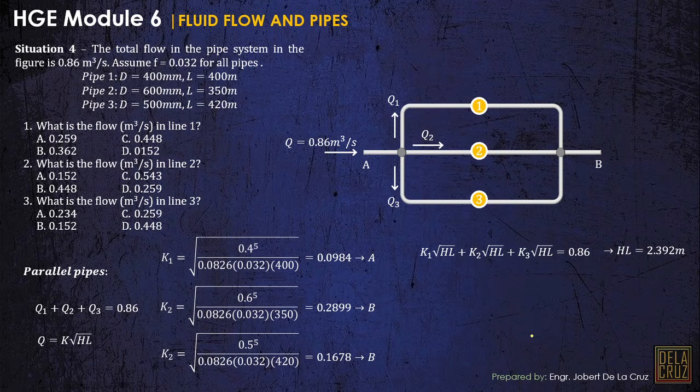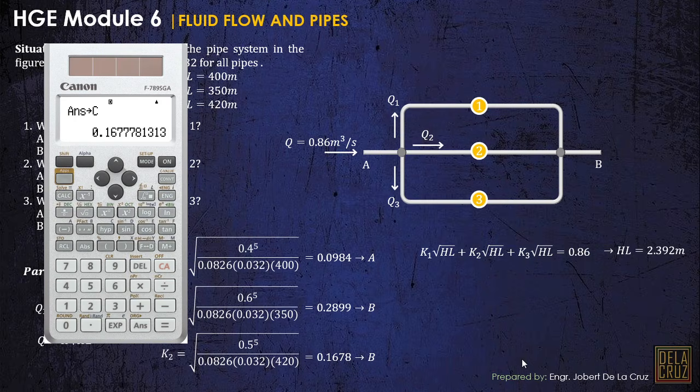Okay? Sige, gawin natin sa calculator. Alright, so sa calculator natin, nakastore man yung ating values. So, let's say, A, this is for K1 square root of HL. Actually, we can factor out square root of HL, no? Factor out na lang natin. Square root of HL, of course, yan yung unknown natin.